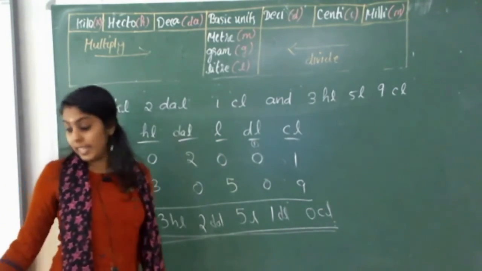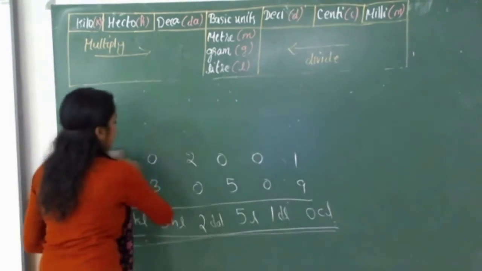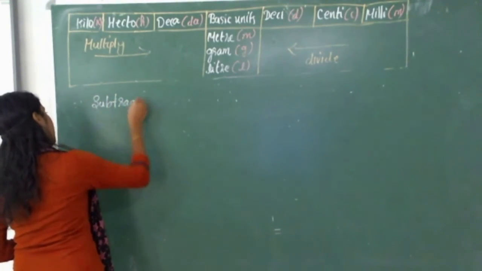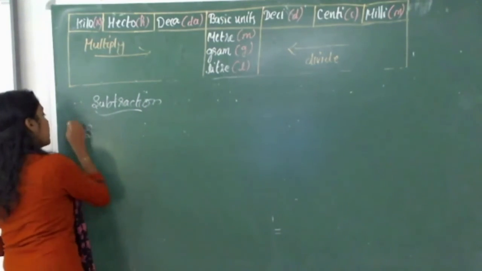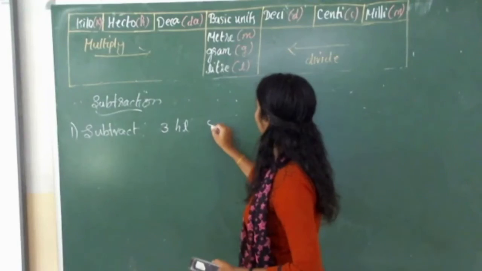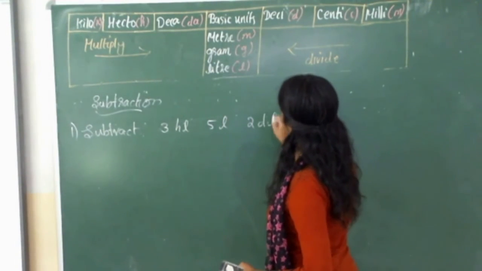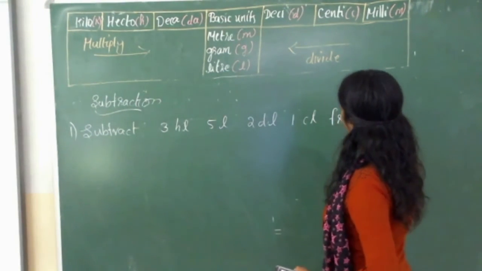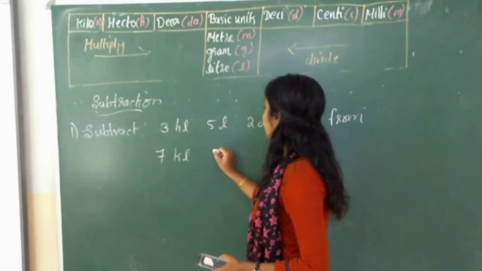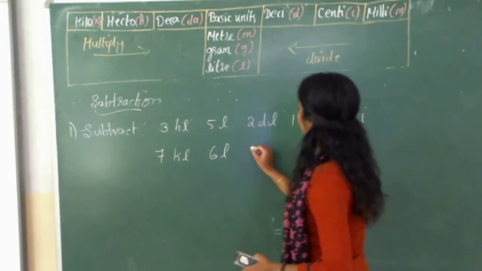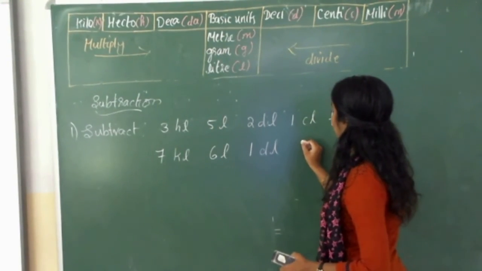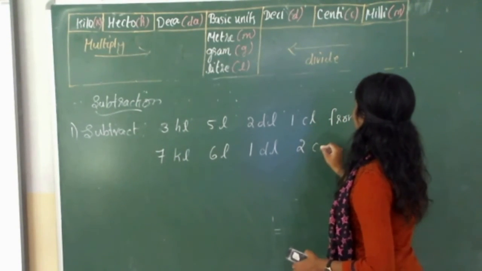Question is this one. Write the heading subtraction. Subtract 3 hectoliter, 5 liter, 2 deciliter, 1 centiliter from 7 kiloliter and 6 liter and 1 deciliter to centiliter.